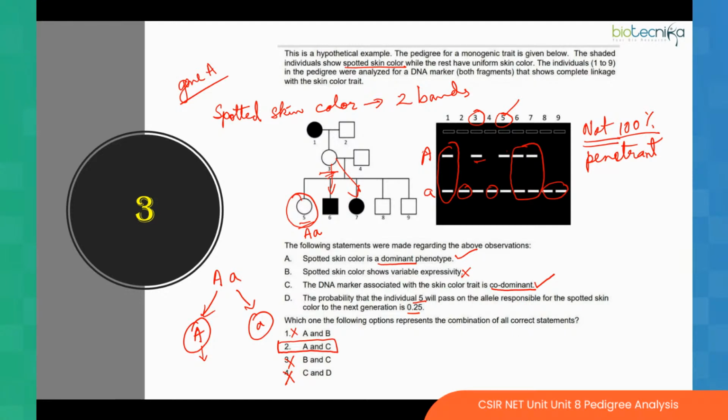The probability of passing capital A to the next generation will be 0.5, because 50% of the gametes will have capital A. It is not 0.25, it is 0.5. So with that, statements A and C only are correct, and the answer is option number 2.